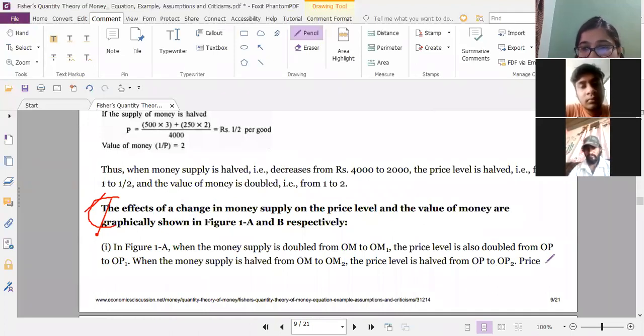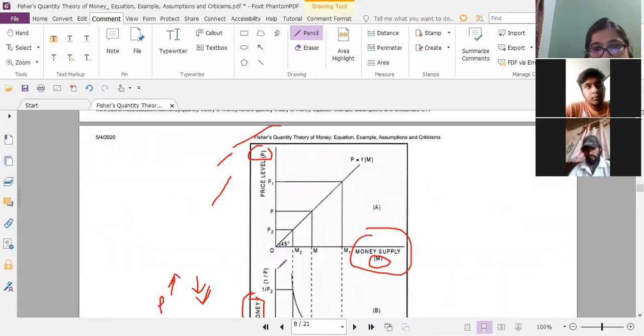Price level is also doubled from OP to OP1. When money supply is halved from OM to OM2, the price level is also halved from OP to OP2. We'll see this. So when it is half, looking at the half money supply, it is OM2, right?